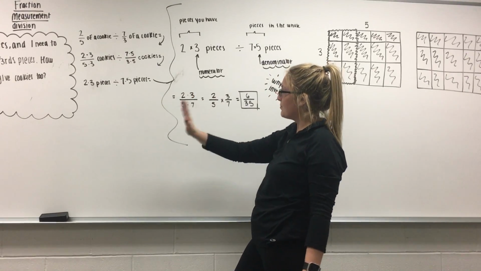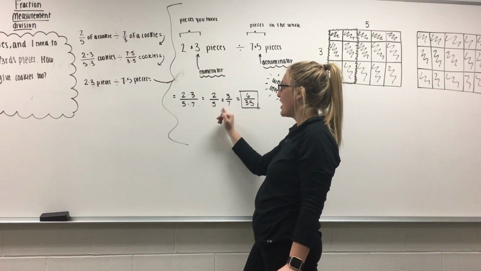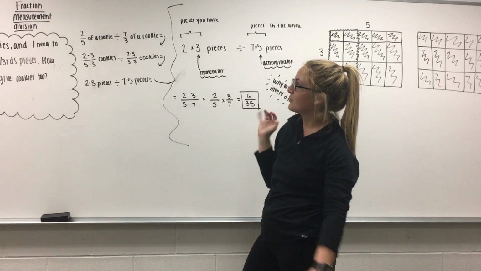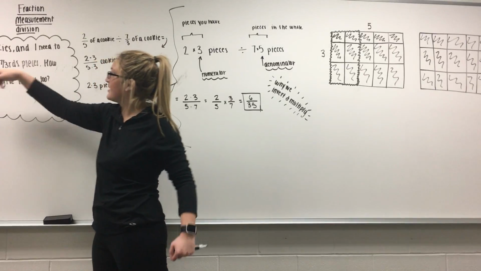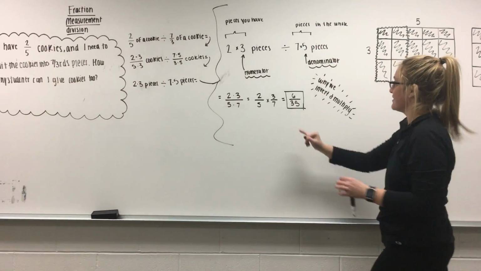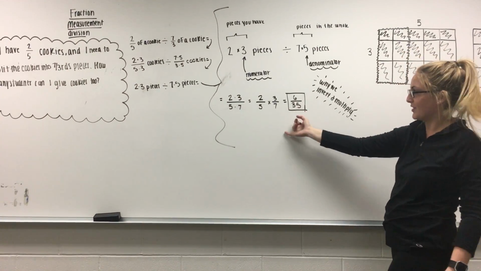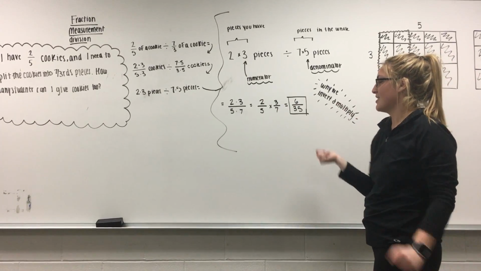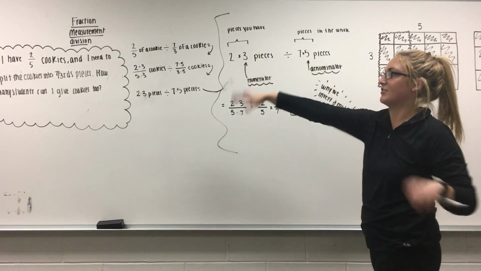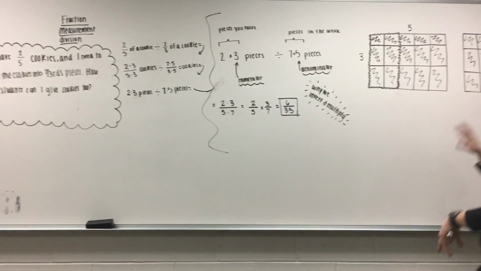If we break these two apart, it's 2/5 times 3/7, which, if we look at our original, is 2/5 and 7/3. So basically what we just explained is why you can invert and multiply and come up with the answer of 6/35.